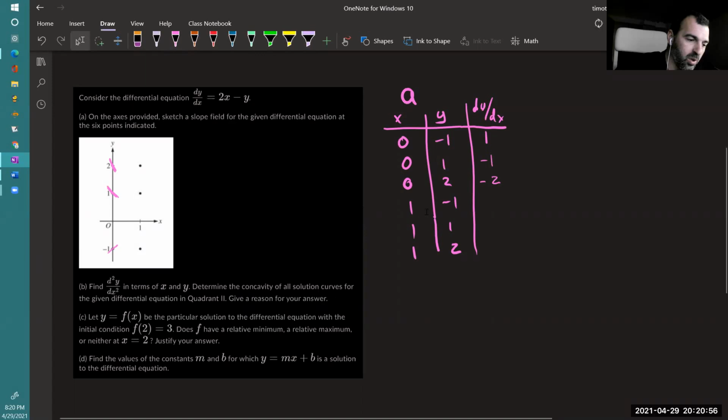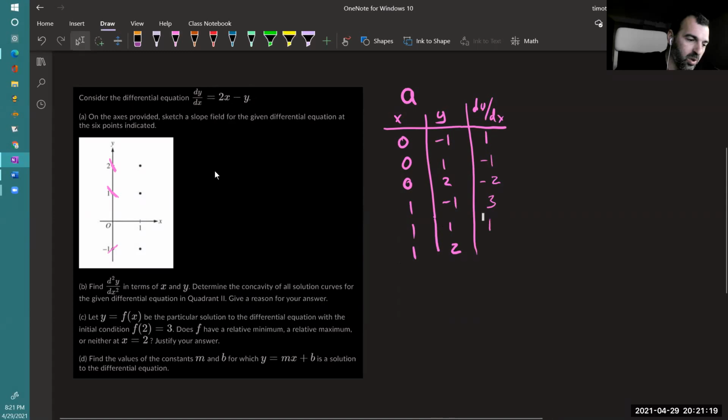Now I do the same thing here. So 2 minus -1, I'm getting a slope of 3 here, right? Because I just plug my 1 in for x, and I plug my -1 in for y. So there it is. I'm getting a 3. Plug my 1 in for x and my 1 in for y. So 2 minus 1, what's 2 minus 1?